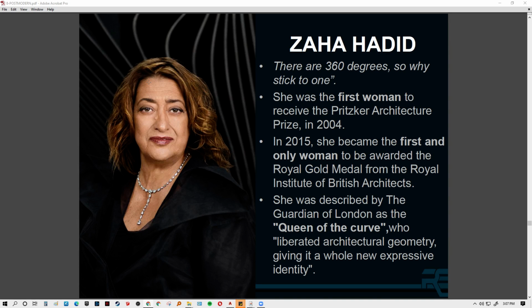And lastly, we have Zaha Hadid, known as the queen of the curve. For her, there are 360 degrees, so why stick to one?